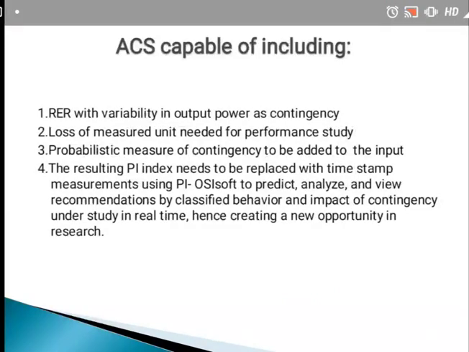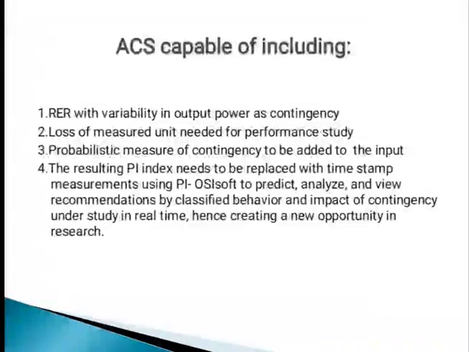Now let us discuss what the ACS capabilities are. The very first point is the renewable energy resource with variability in output power as a contingency. Here, some renewables cannot be predicted in their output level or output voltage.